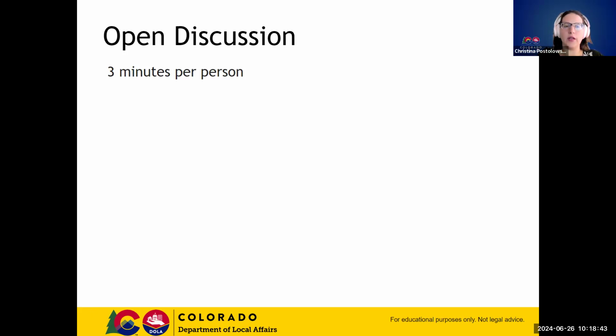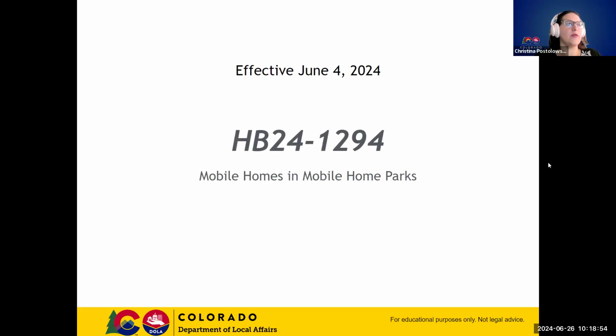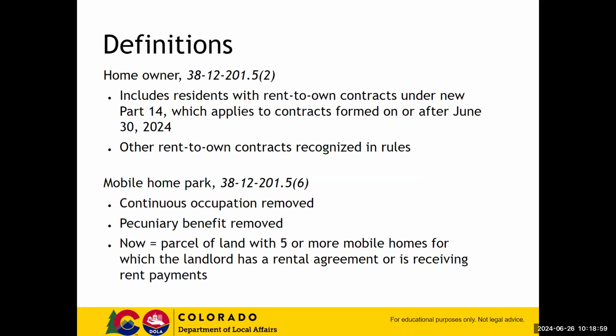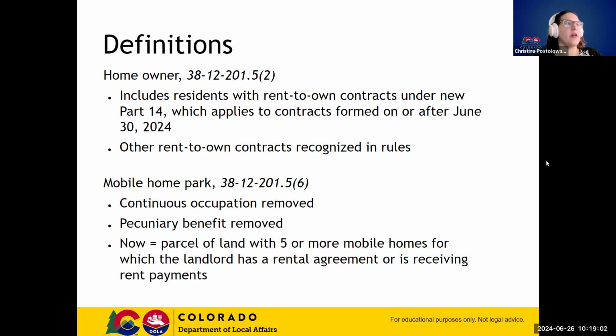So one of the changes in House Bill 24-1294 is the mobile home park definition was updated. The mobile home park definition, which was our definition in our program rules, focuses on whether the landlord has a rental agreement or is receiving rent payments for a mobile home, regardless of whether it's owned by the landlord or an independent homeowner.